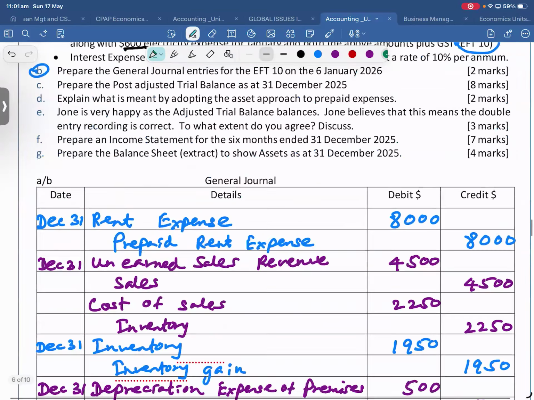Next one, electricity. 2,700. Bad debts, 2020. Yep.